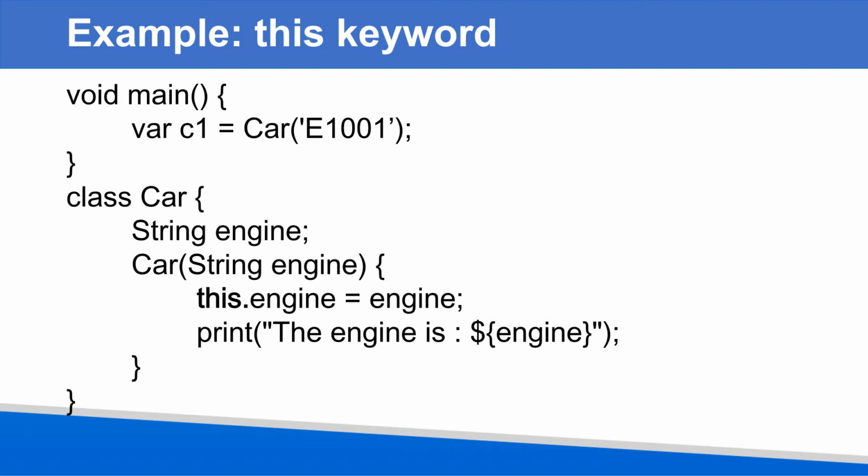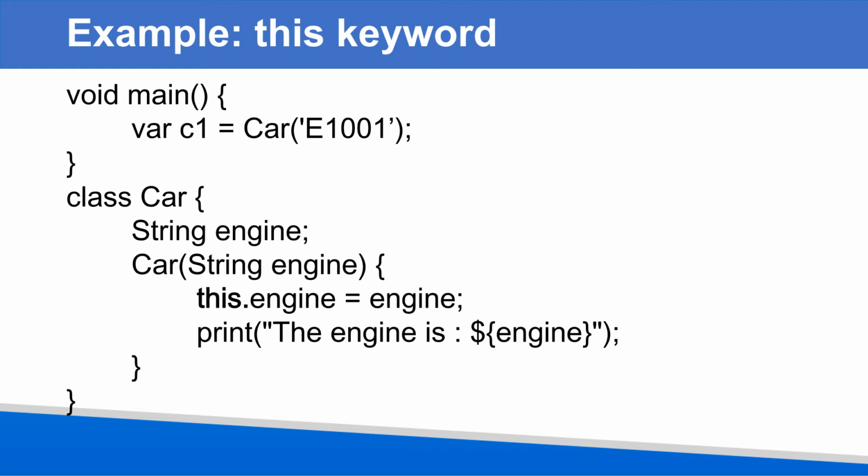So to avoid ambiguity of these two variables, for our field which is outside of the Car constructor, we put this before its name, equal to engine. That means that this.engine represents the outside variable engine of the Car class. Then it is equal to engine, which is the parameter of the Car constructor.